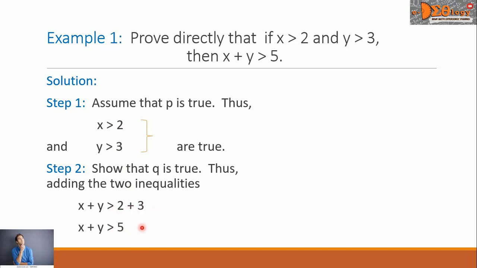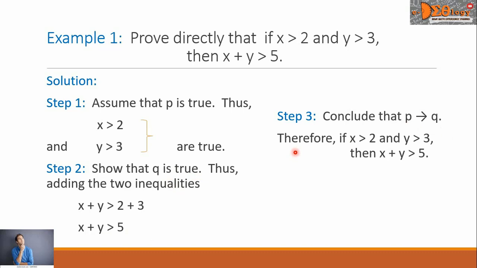So we are able to show mathematically that x plus y is greater than 5. So Q is true. Step 3, we now conclude that P implies Q. So we have this statement: if x is greater than 2 and y is greater than 3, then x plus y is greater than 5. This is the final answer.